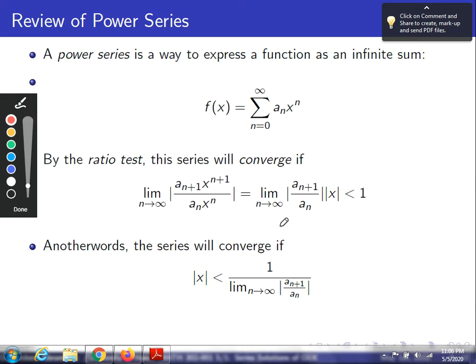And the series is going to converge if, when you bring this over to the right-hand side, the absolute value of x is less than 1 over the limit as n goes to infinity of the absolute value of a_(n+1) over a_n.